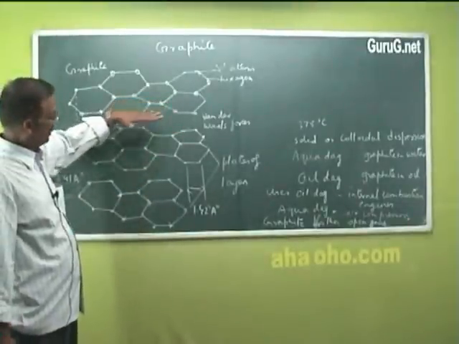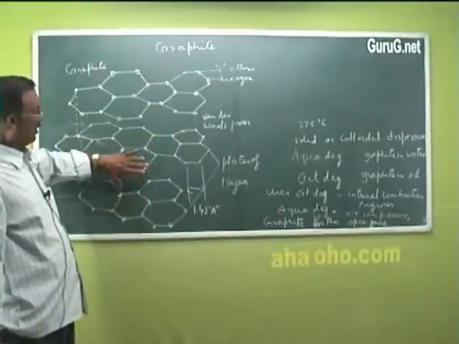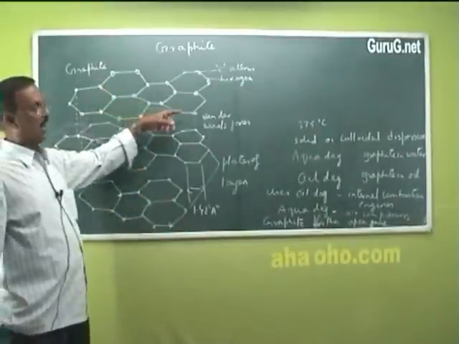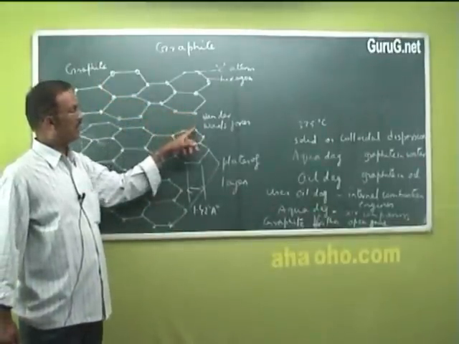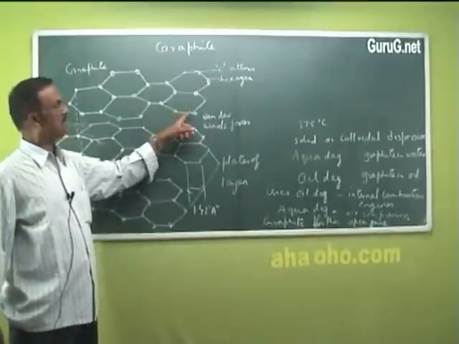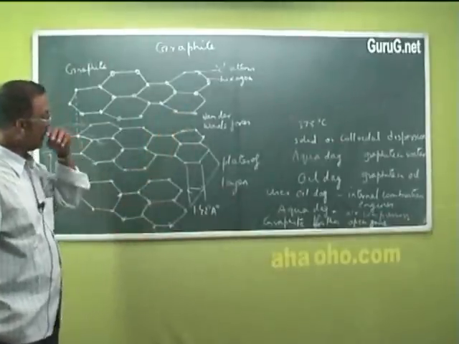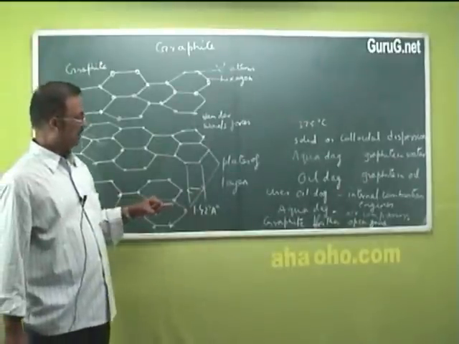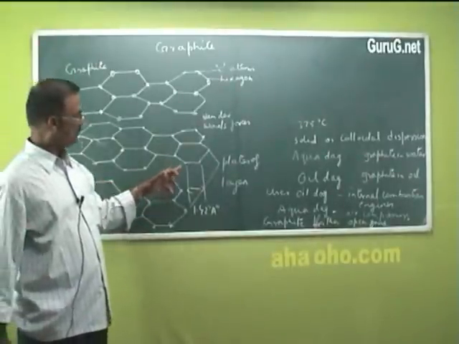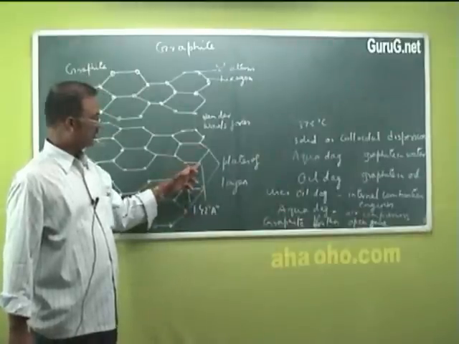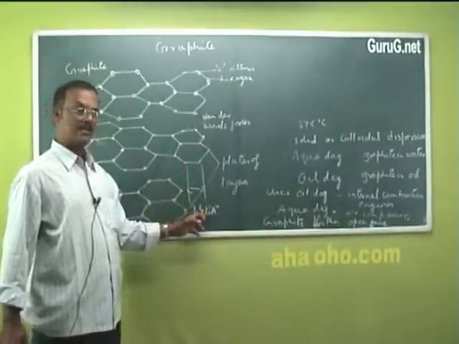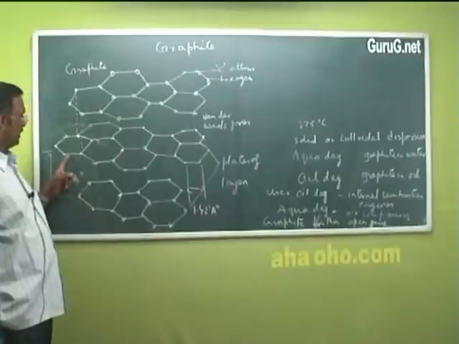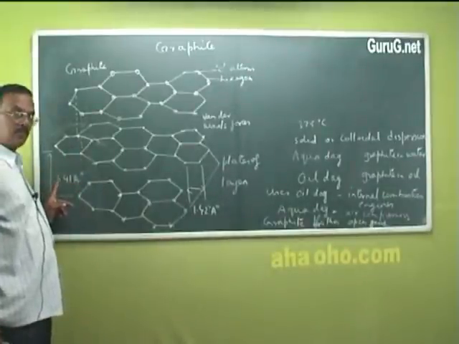There are different sheets, one on top of the other, and these are held by weak van der Waals forces, whereas the atoms within the sheets are held by strong covalent bonds. The distance between two carbon atoms is 1.42 angstrom units, whereas the distance between the layers is 3.41 angstrom units.